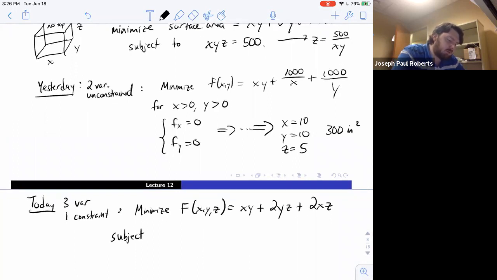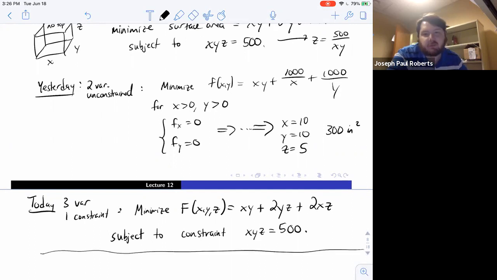So the Lagrange phrasing for this would be minimize xy plus 2yz plus 2xz subject to the constraint xyz equals 500.